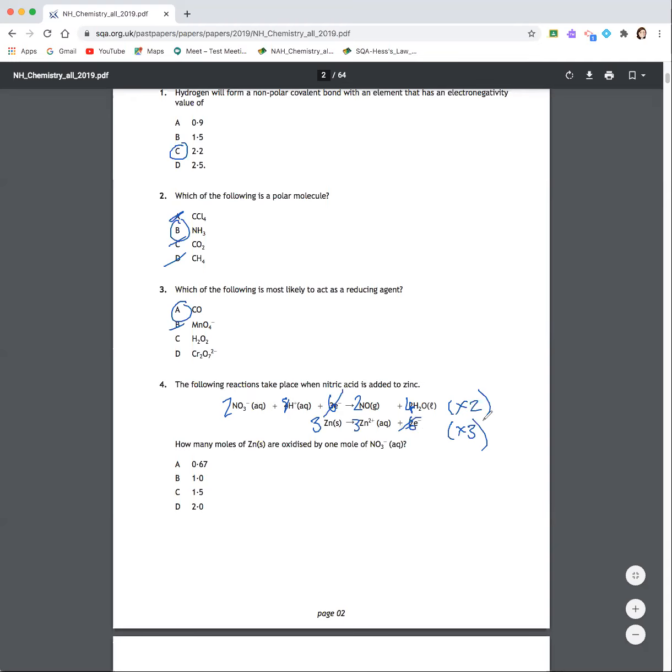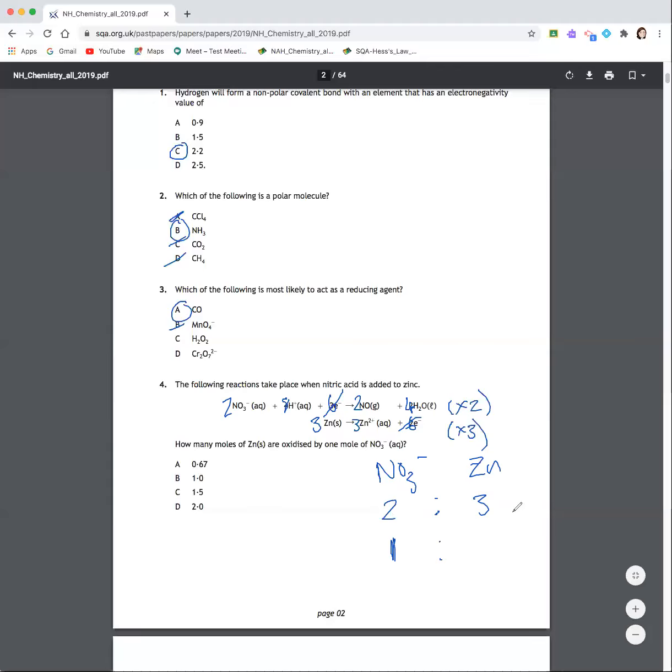You can write the overall redox equation out fully again, but you don't really need to, because all you need is the molar ratio. So you've got NO3 minus, that's 2 in the ratio, and zinc is a 3 in the ratio. So in the question, you're told you have 1 mole of the NO3 minus.